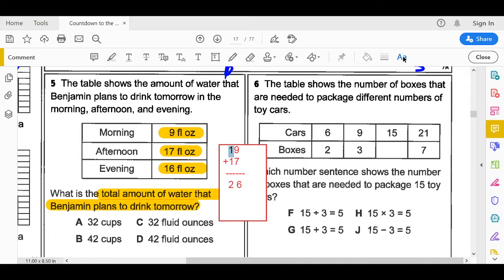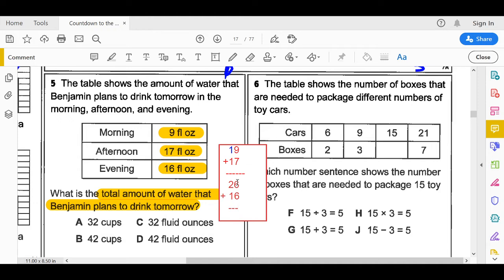I'm going to change the color of this one so you remember that I carried this number. Now that I have this 26 ready, I'm going to add the next number, that is 16. So 26 plus 16. And when I add those 2, I will have the total amount of water that Benjamin will drink tomorrow.